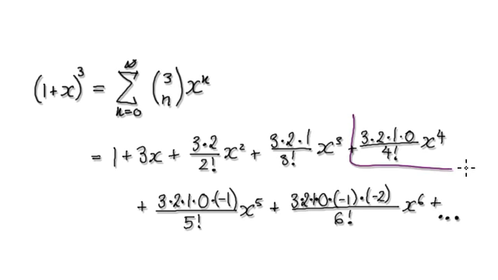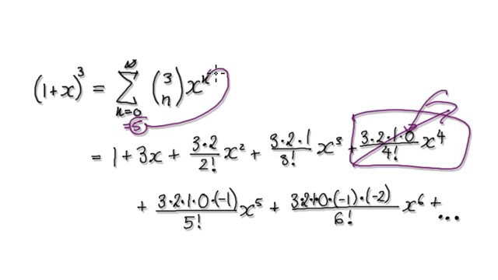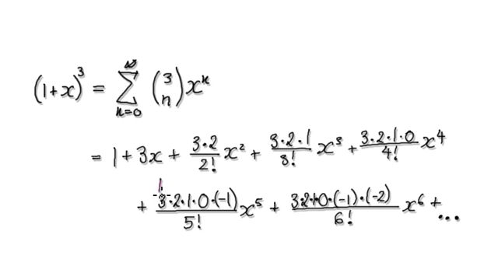You can see that because there's a 0 here, the whole thing will disappear. And when it comes to n equals 5, it would be 3 times 2 times 1 times 0 times -1. Who cares about this? You've got this 0 here, so the whole thing will disappear.